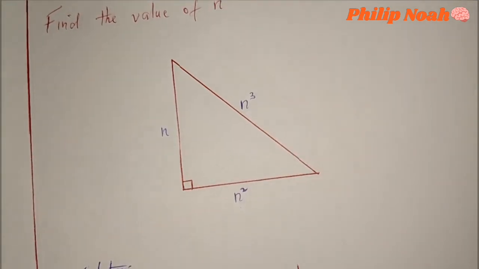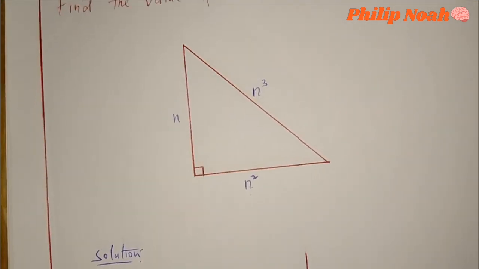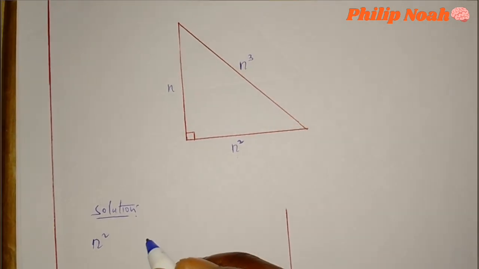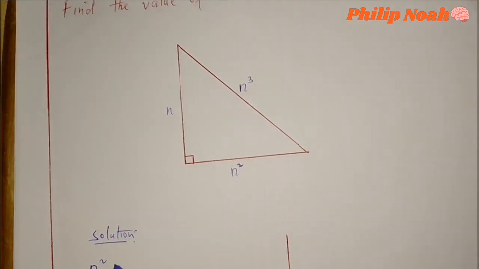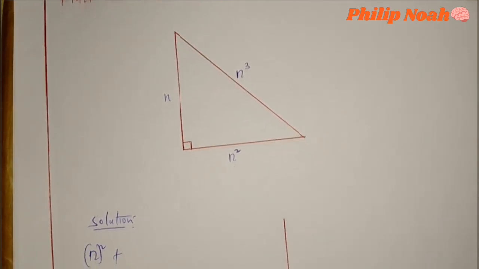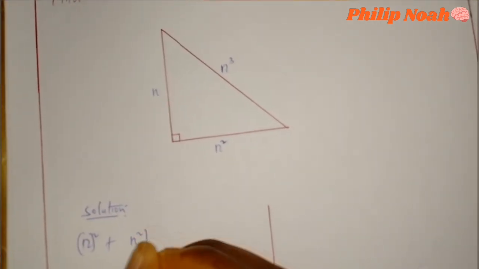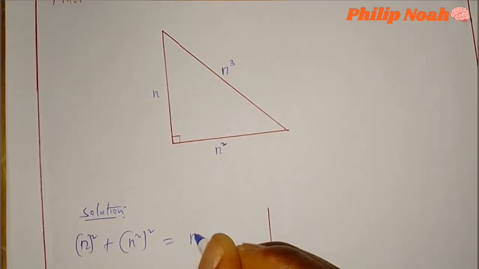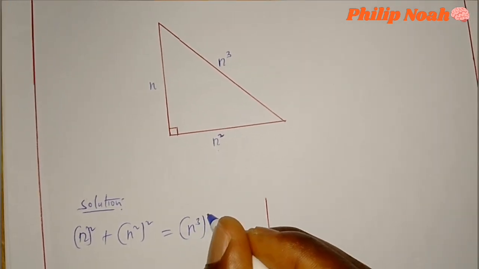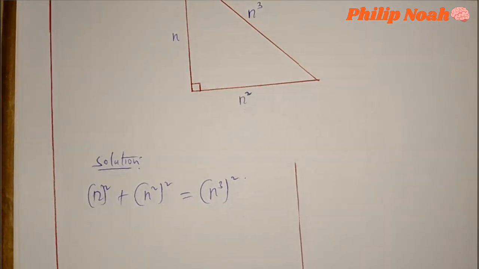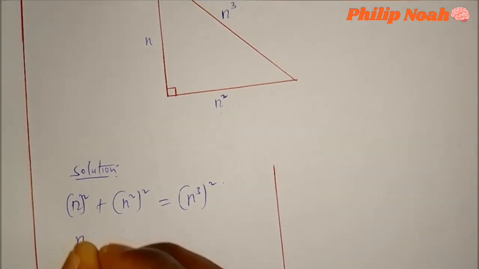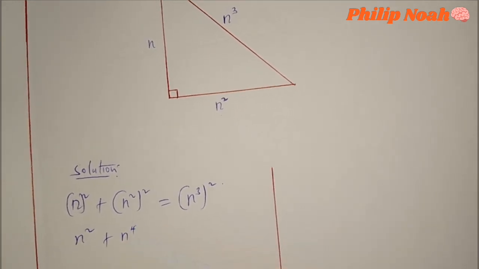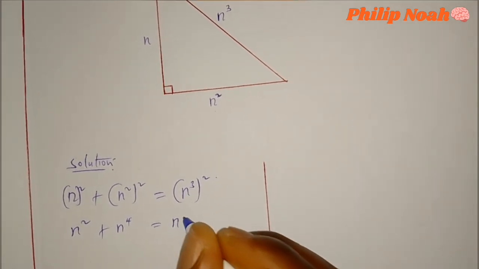And we say that n squared plus n squared is equals to n cubed squared. Right there. And now we have n squared plus n power 4 is equals to n power 6.